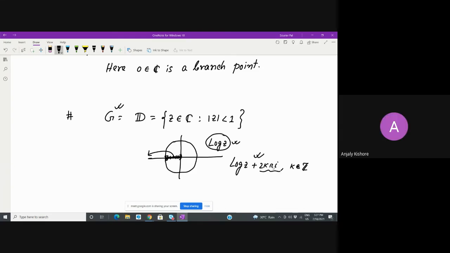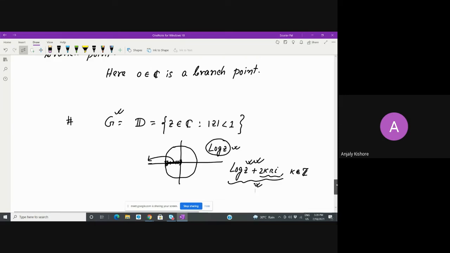So this does not change continuity. With respect to this branch cut, these are all branches of logarithm. The branch cut is a single branch cut, and it gives you all these branches of logarithm. As simple as that. Thank you, sir.